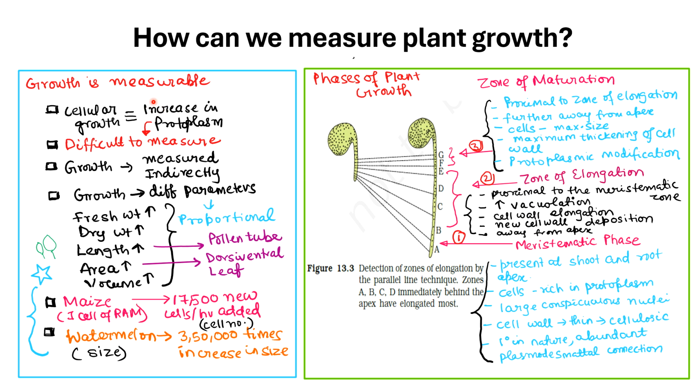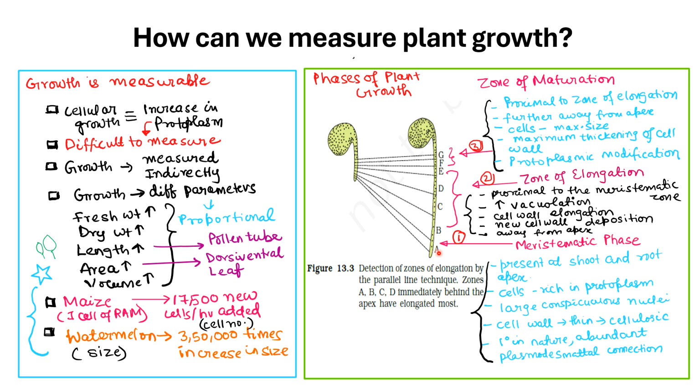After we have seen how we can measure the growth, let's see different phases of the plant growth. Now this is the diagram of a seedling. This is its root portion. Now if we put marks after the seed grows, there is elongation in the root, and if we draw parallel lines, we get different zones.